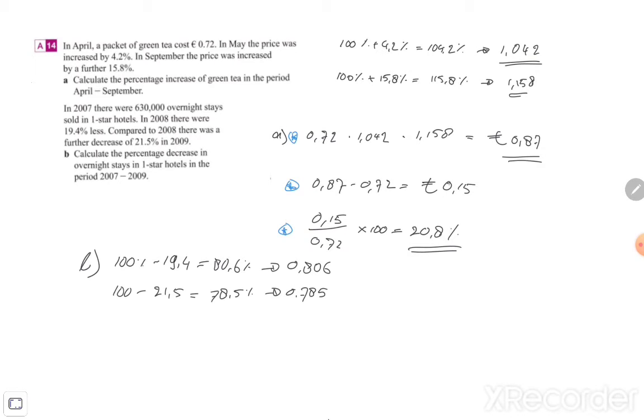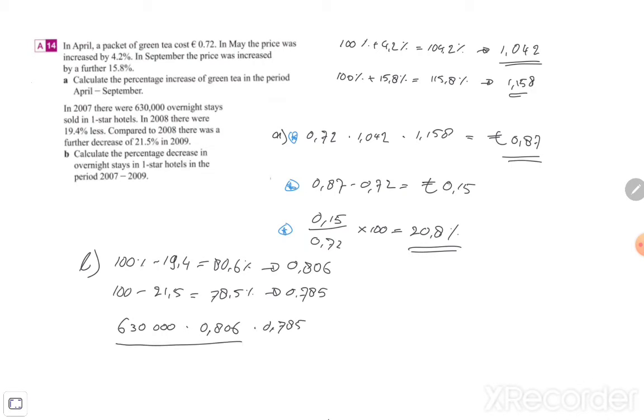0.785. Now, to calculate the new total of overnight stays, we need to multiply the 630,000 by 0.806 and times again 0.785.